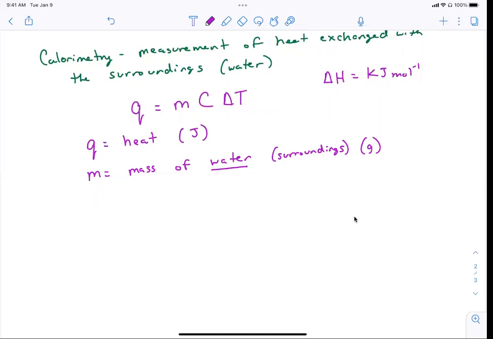And I emphasize water because here's the thing, and this is how the IB gets you: the IB won't give you the mass of water in the problem. What they're going to give you is the volume of water or the volume of the solution. And the idea is that you have to know that 1 centimeter cubed of water is equal to 1 gram.